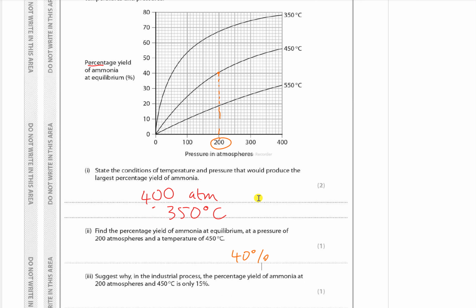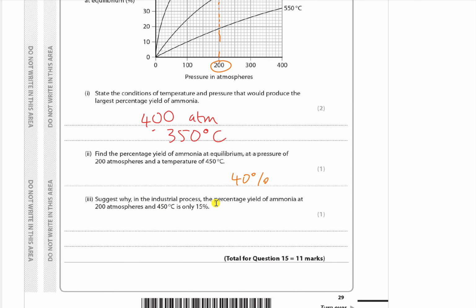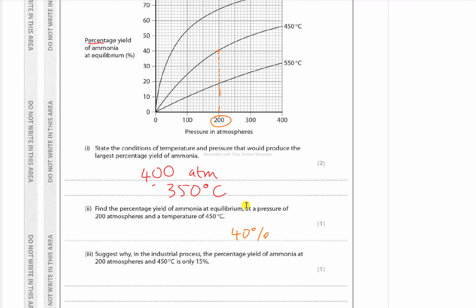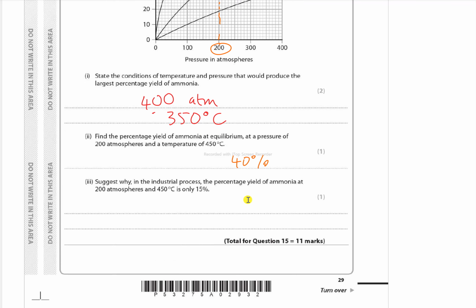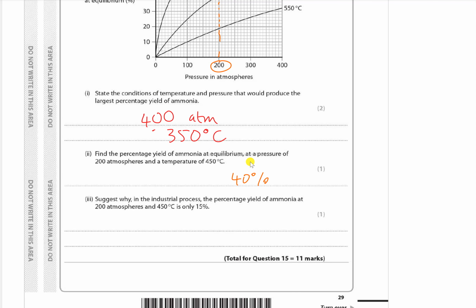Suggest why in the industrial process, the percentage yield of ammonia at 200 atmospheres and 450 degrees is only 15%. It should be 40, but it's only 15, right? And the answer they've given is the reaction does not reach equilibrium.